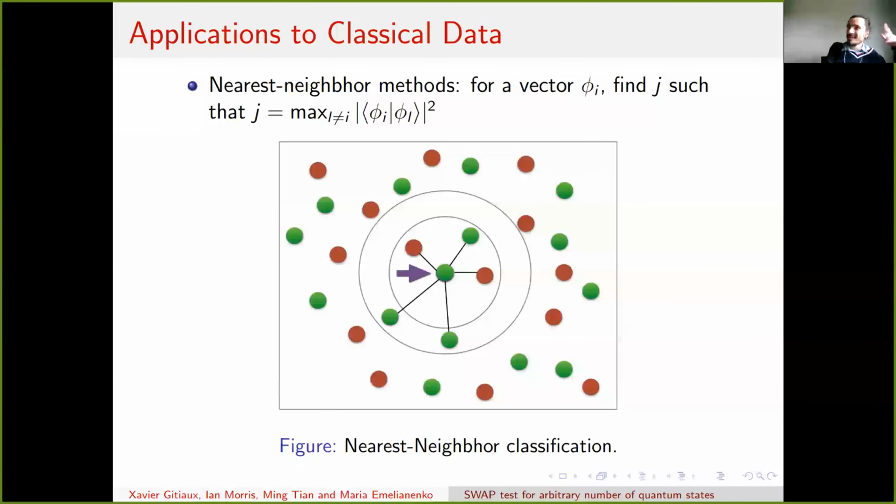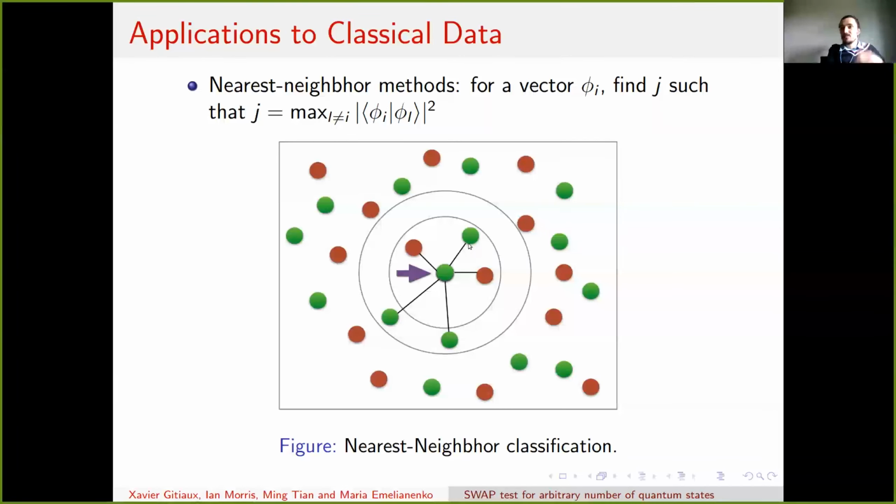Another example in the classical world where this matters a lot is nearest neighbor classification. Same thing, you have a ton of points here, either green or red. Now you get a point in the middle with the purple arrow, and you want to know if it's going to be green or red, say you don't know the color yet.